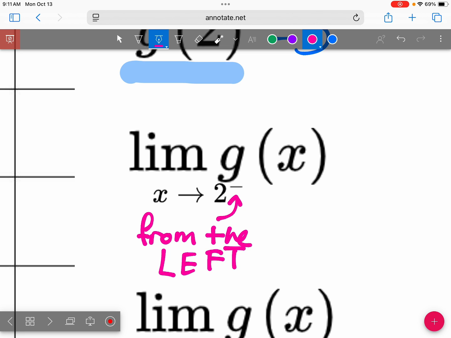If I trace my function, I can trace here, and then we've got this discontinuity, and I can trace it. If I'm approaching 2 from the left, I'm coming at it from this direction here.